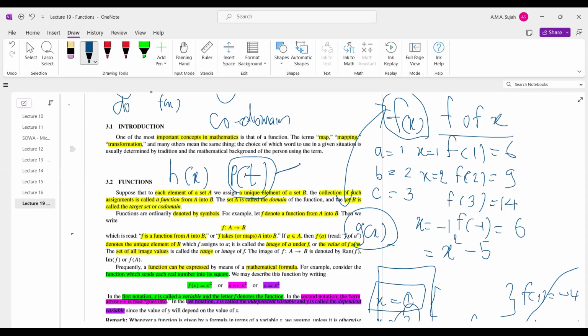From this you can find out the variable. What is the variable here? t is the variable. Here x is the variable. For s of x, s of x is a function and the variable is x, the changeable value. If I change the value of x, the function will get different values. From the symbol you can understand that, right?